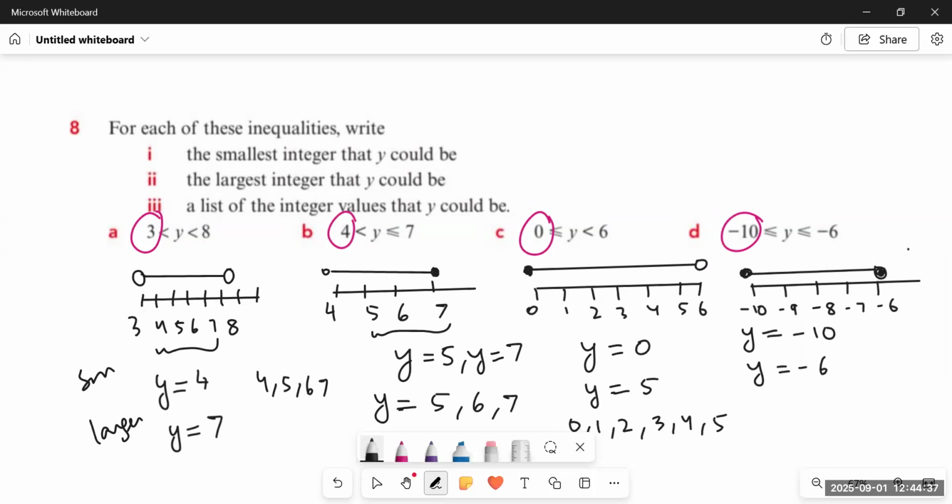Always remember they are negative integers, so don't get confused with the smallest and the greatest. Do not write -6 as the smallest and -10 as the largest, because in the negative integers, the system is altogether different. So the numbers that are included in this would be -10, -9, -8, -7, and -6. But the numbers -10 and -6 will be included because both of them have equals to sign.